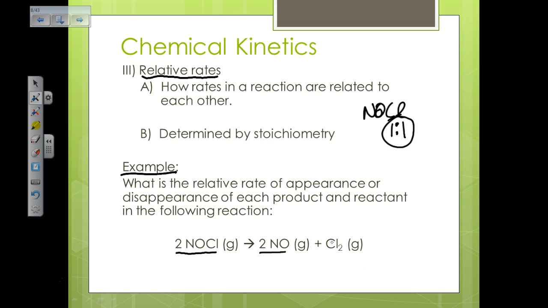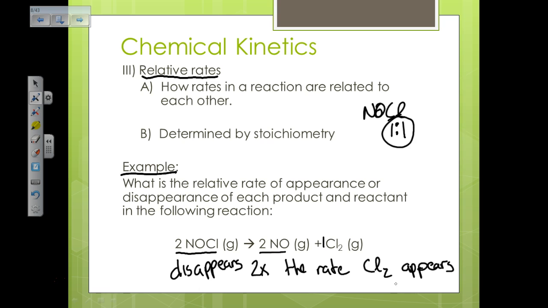Now, if we look at chlorine gas here, for every two of these being used, only one of these is being made. The relationship there for NOCl and Cl2 is that this is going to disappear twice as quickly as this is going to appear. So NOCl disappears 2 times the rate that Cl2 appears.